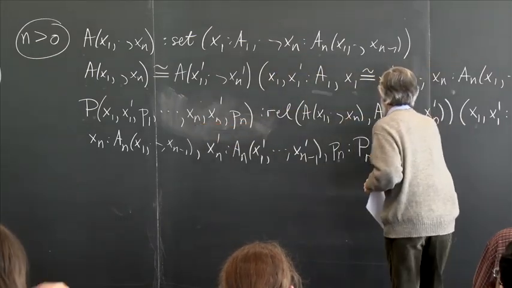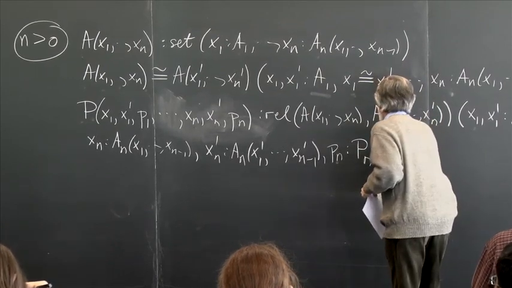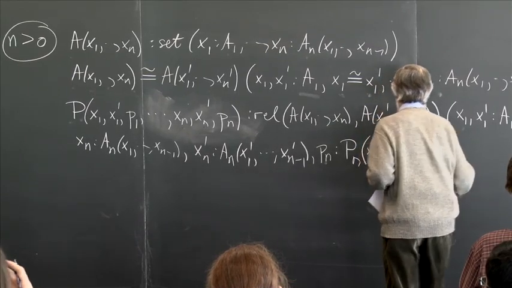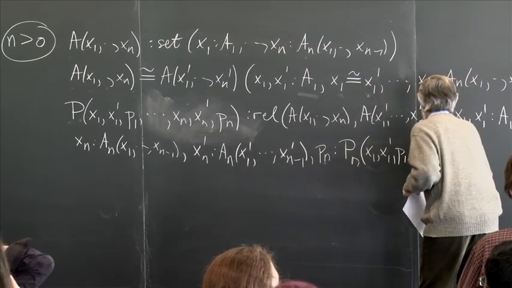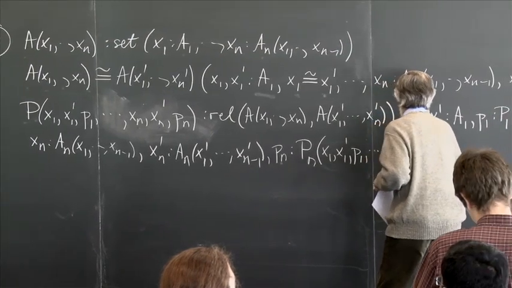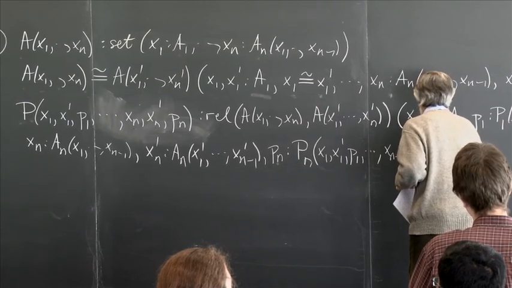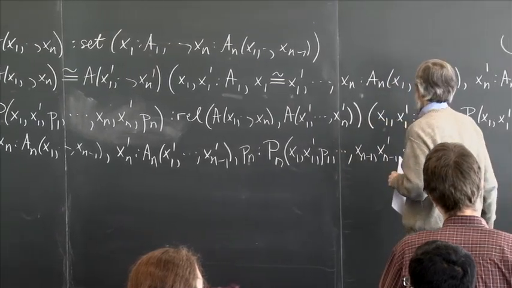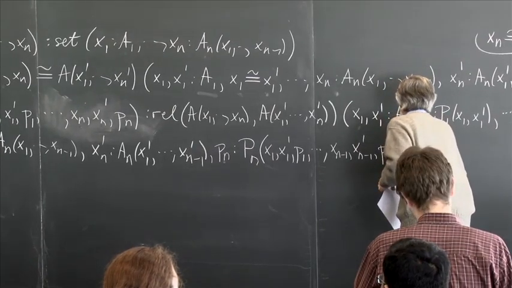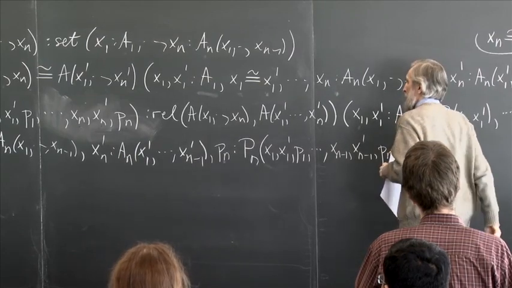So Pn, which then depends on x1, x1 prime, p1, etc., xn minus 1, xn minus 1 prime, pn minus 1. That relation should hold between xn and xn prime.